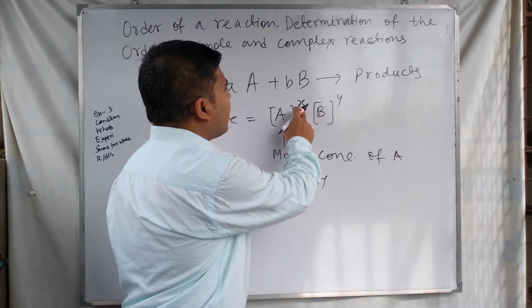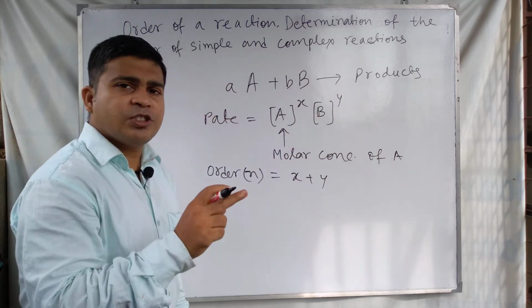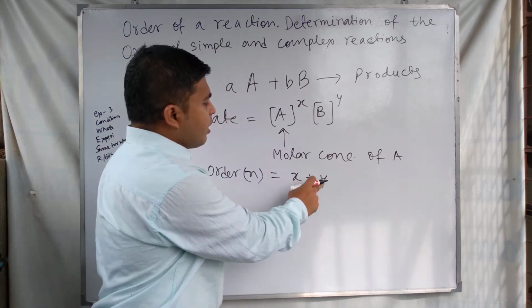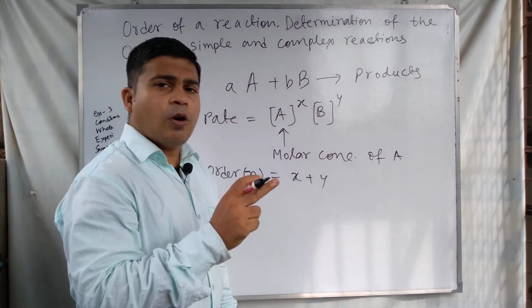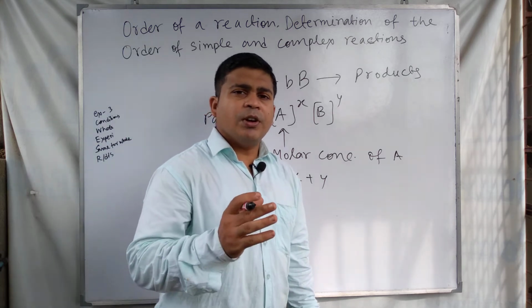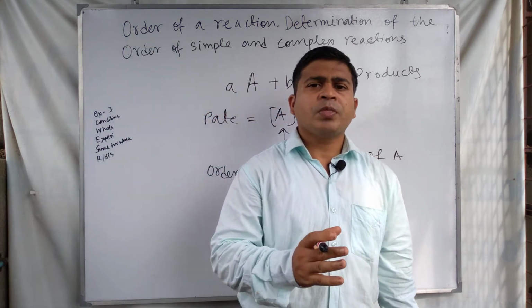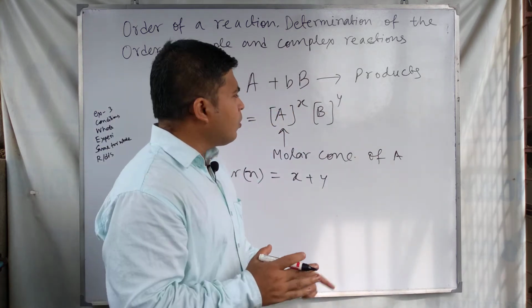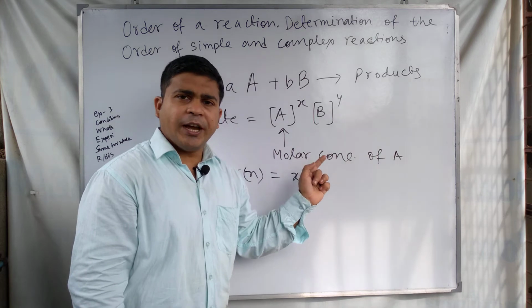So if we sum the powers or exponents x and y, then x plus y is called the order of this reaction. So the order of this reaction is simply the sum of the powers of the molar concentration terms of the reactants.